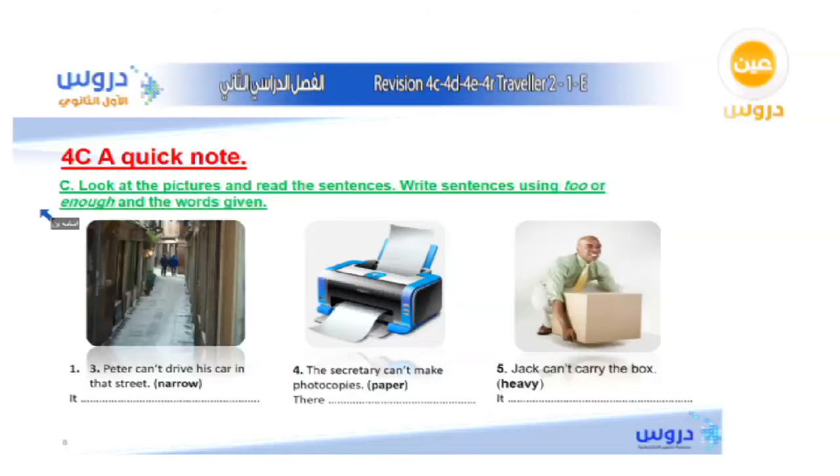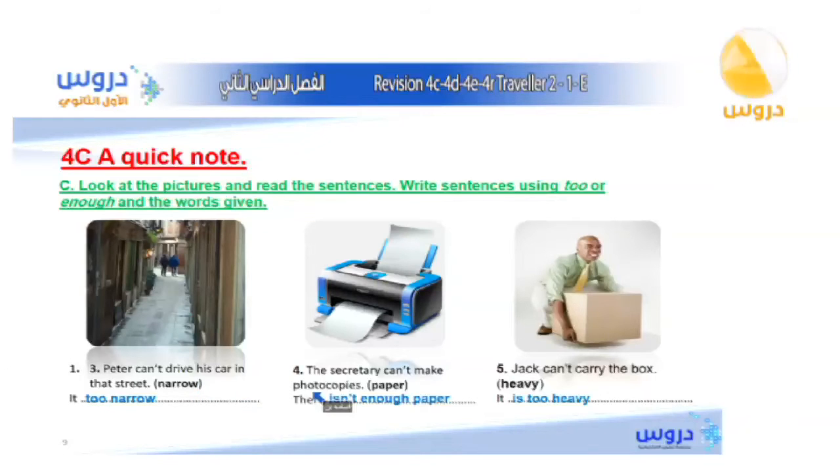Also here, look at the picture and read the sentences. Write sentences using too or enough and the words given. Here we have to use too or enough for these sentences. Peter can't drive his car in that street, and you have to use narrow. So it's too narrow.